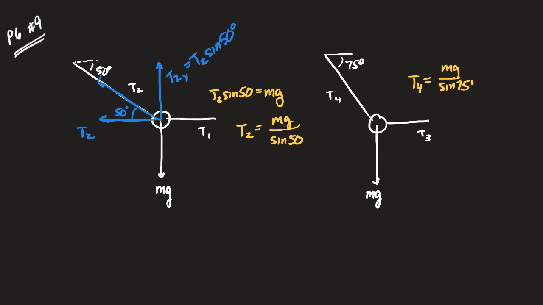Sine of 90 is 1. So, T2 has to be bigger than T4. It has to be. And that means, by consequence, that T1 has got to be bigger than T3. It would have to be.